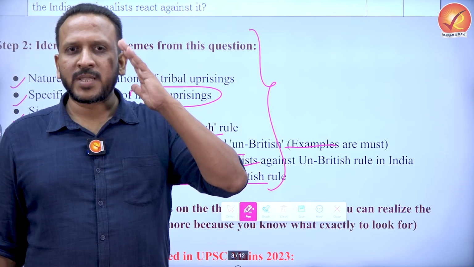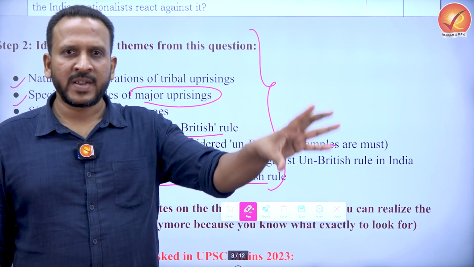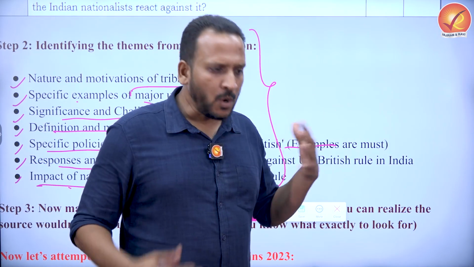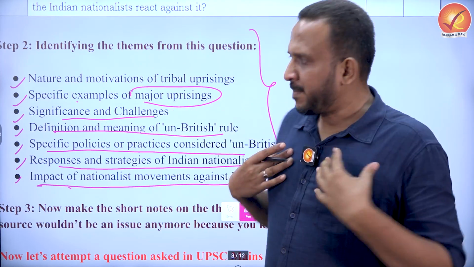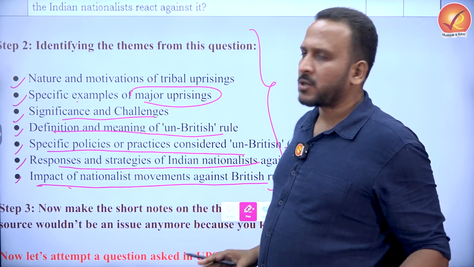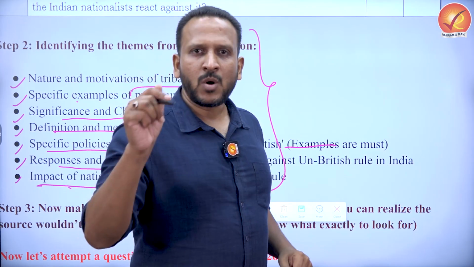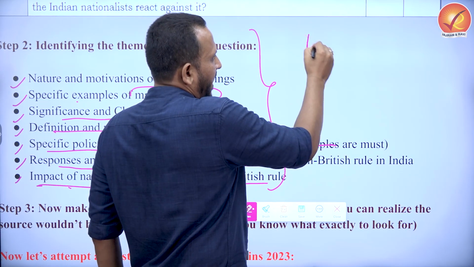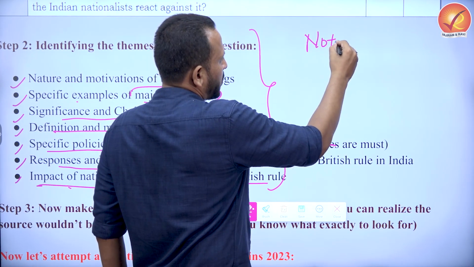Now I got the idea of what is relevant for UPSC from this topic. Now I'm satisfied that I'll do this much, so I'm done with this topic. Now I will pick up a pen and paper and start making the notes.